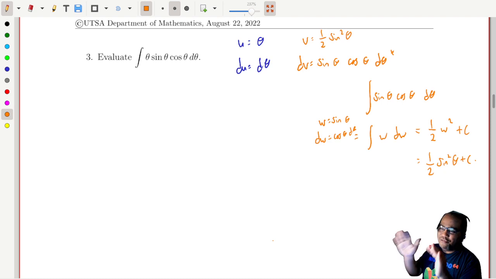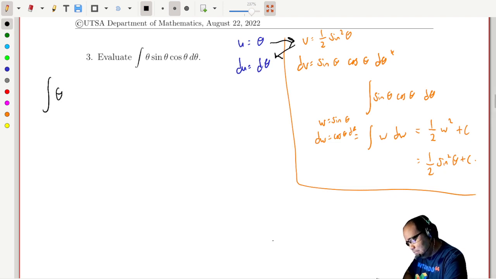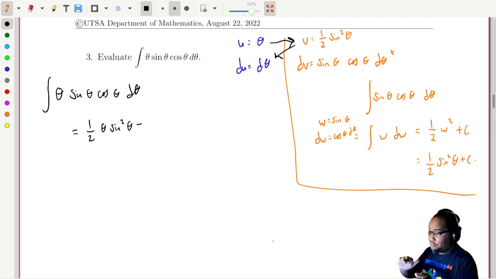Again, just showing you how those integration techniques work in tandem. Follow your path. So the integral of theta sine theta cosine theta d theta, with this choice, we'll have 1/2 theta sine squared theta minus the integral of v du.